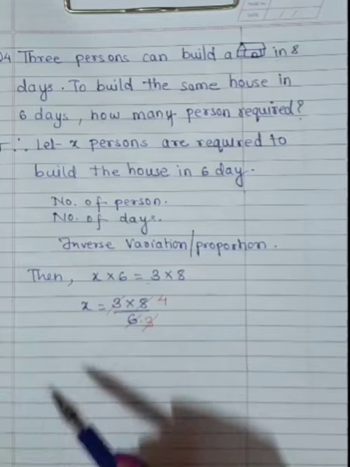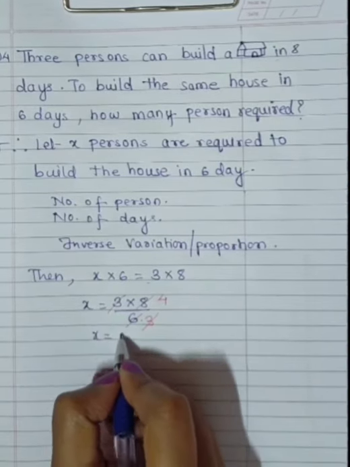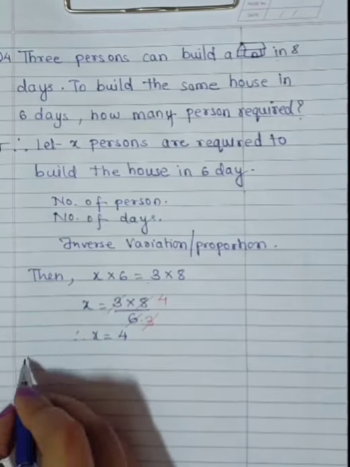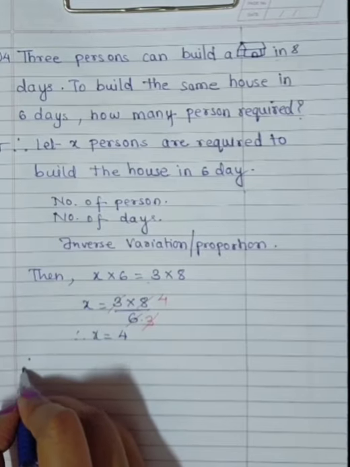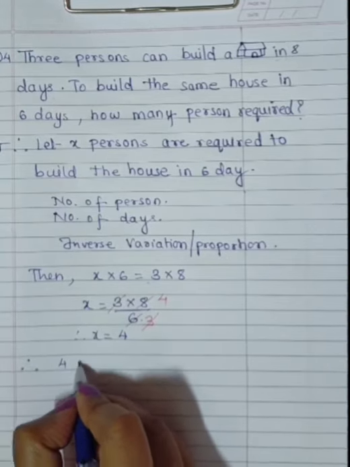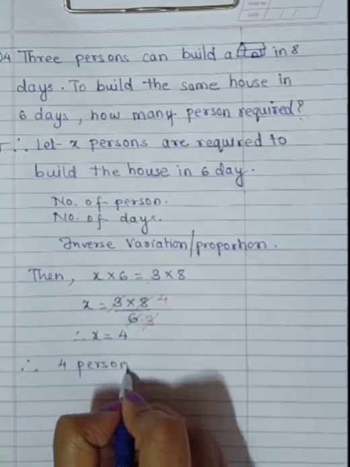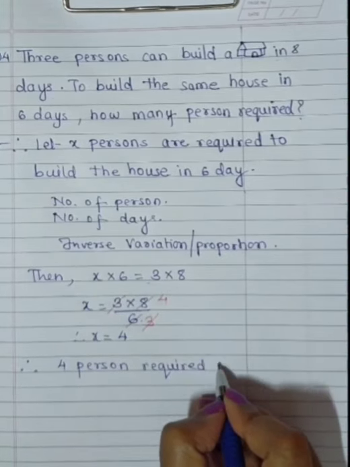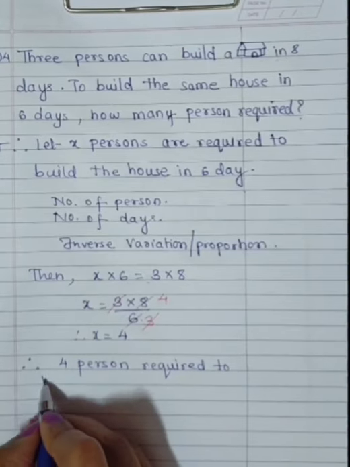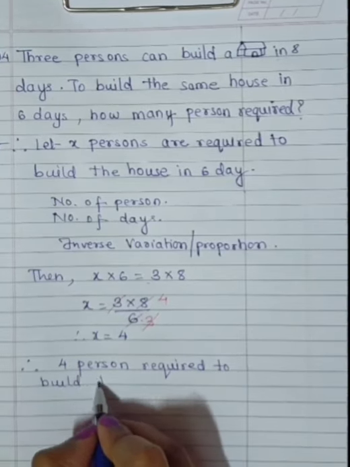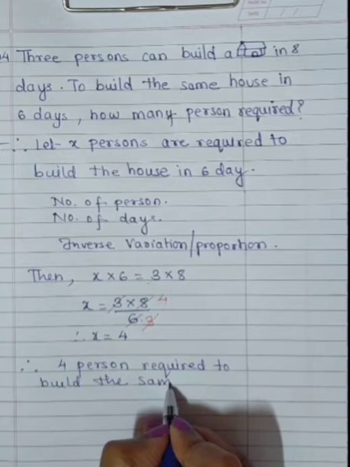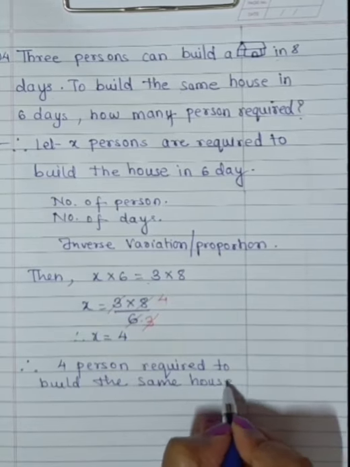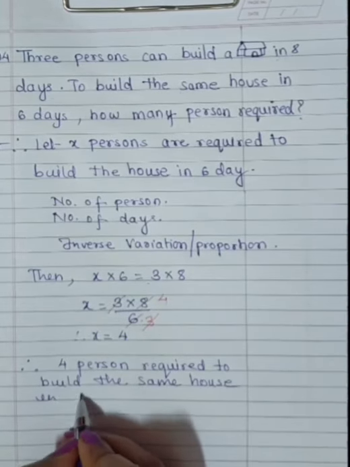X is equal to 4. Therefore 4 persons are required to build the same house in 6 days.